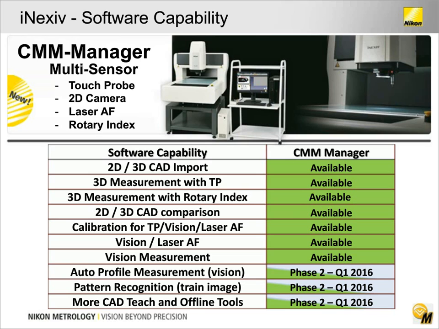But now on an iNexiv system, we've got some unique things that we can do with rotary indexers and different types of lighting and CAD comparisons and all sorts of very vision-specific functions that we're looking to add. Pattern recognition for dealing with parts that are in arbitrary locations on the system.